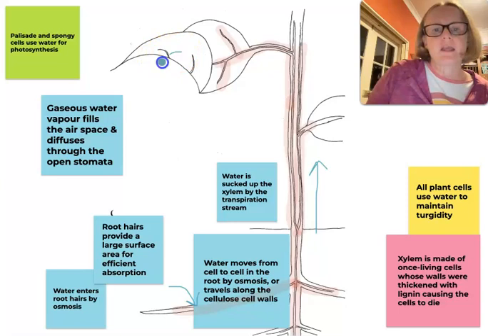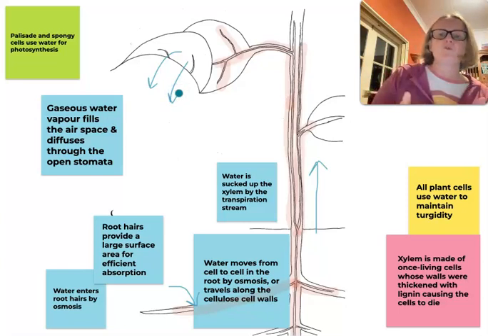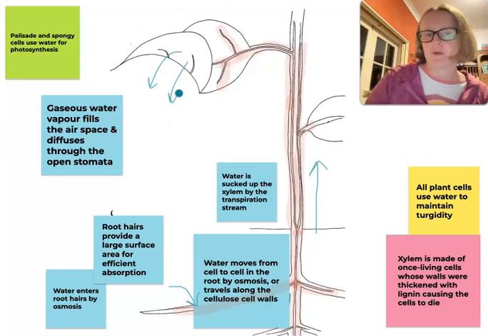Water vapor in the air spaces of that leaf, it's really humid in there, is leaving through the holes that are open. The holes are open really to let CO2 in, but water vapor is leaving too, because water vapor is a gas, and it's just diffusing out of those air spaces through the holes and into the atmosphere.